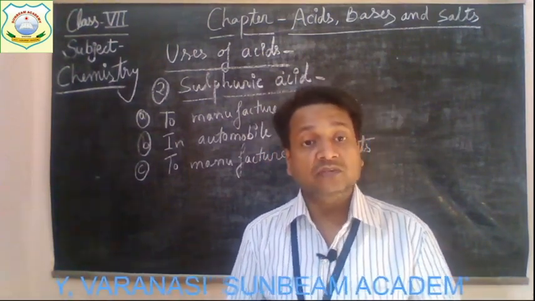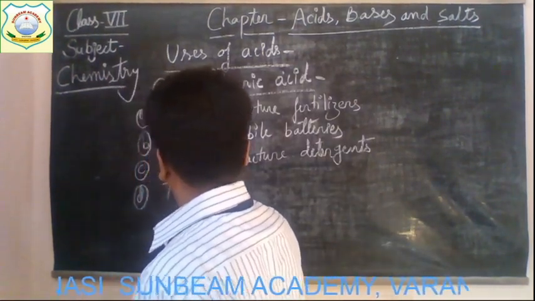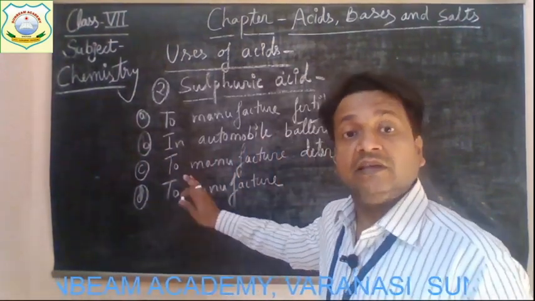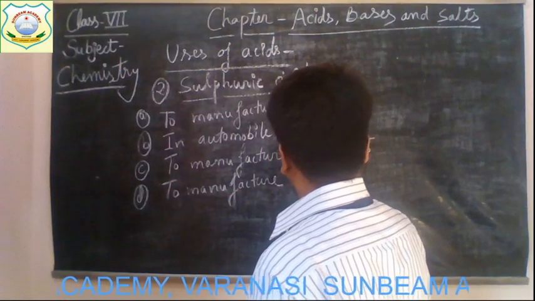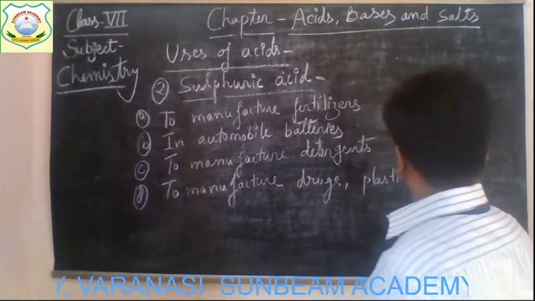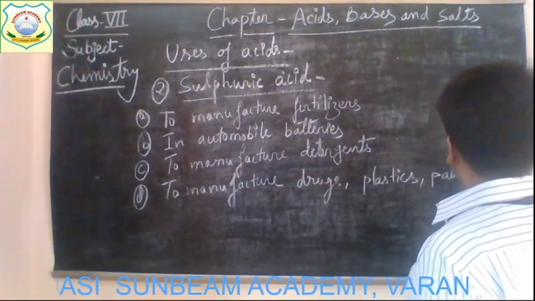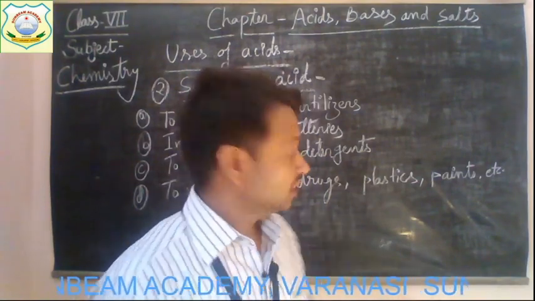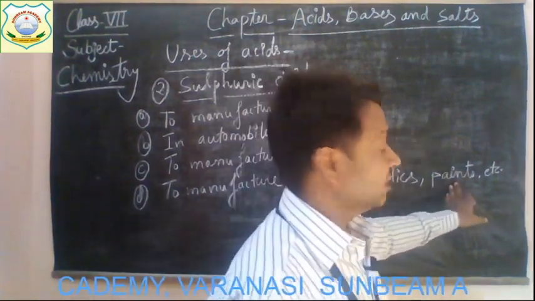Now the next use is to manufacture drugs, plastic, paints, etc. In these materials, sulfuric acid is used in certain medicines, in plastic materials and in the paint industry.